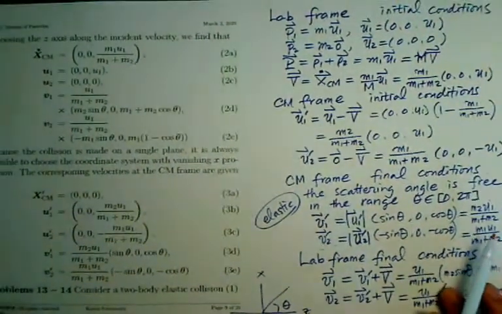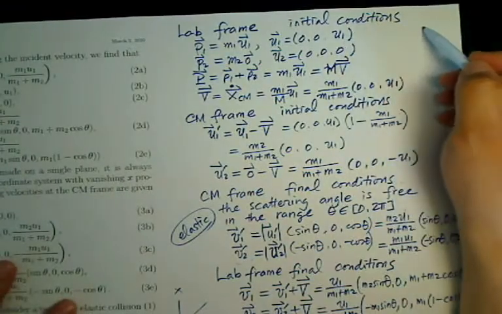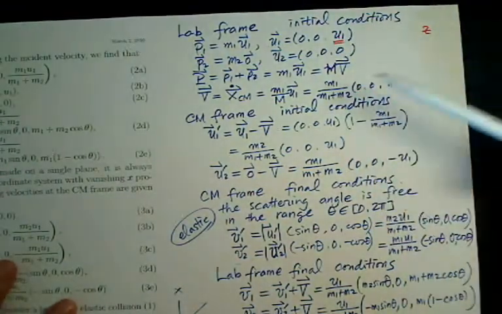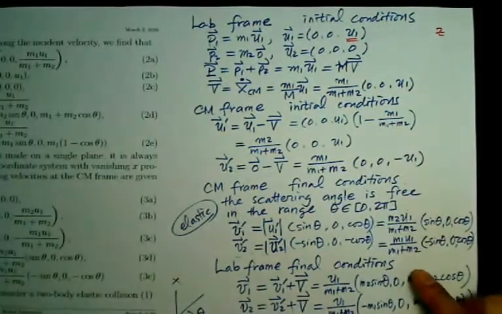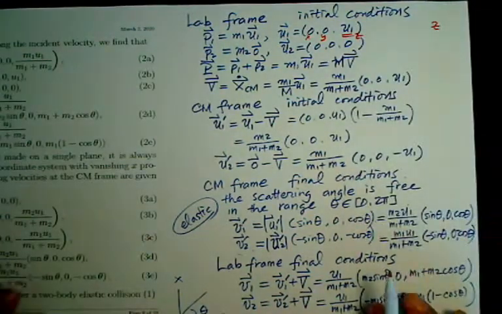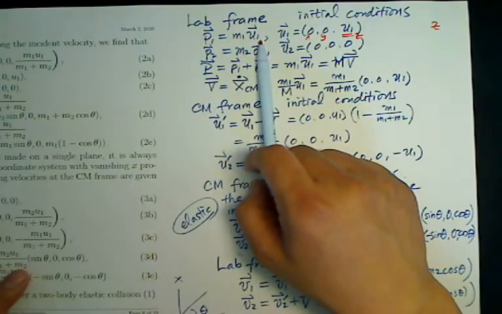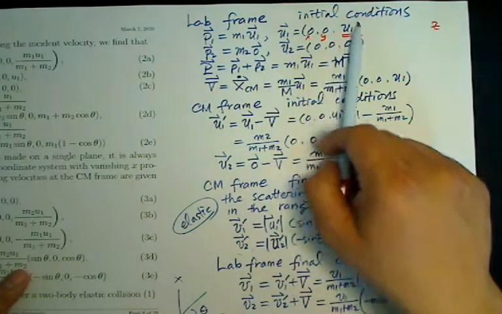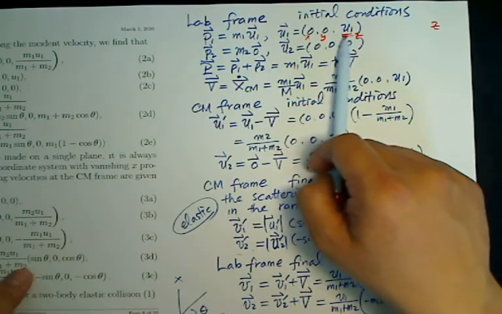Okay, let us introduce a coordinate system. The z-axis is along the beam direction, and we use the x, y, z components. At the left frame, P1 is M1 U1. M1 is along the beam direction, so U1 has the z component only.